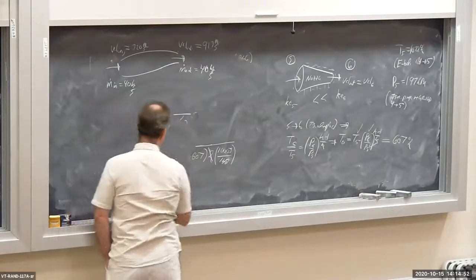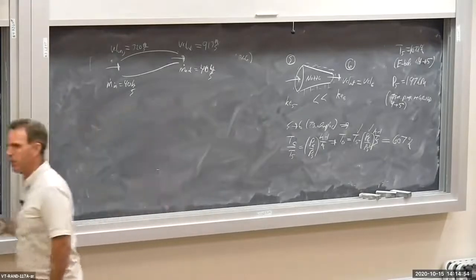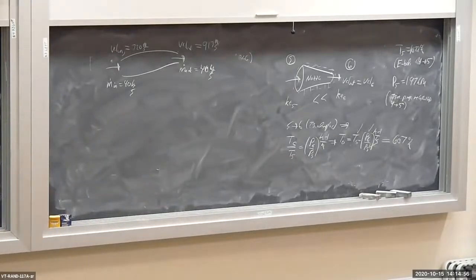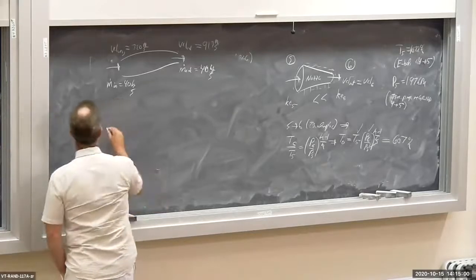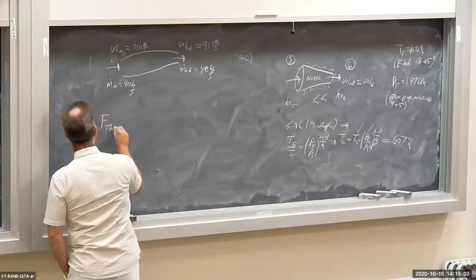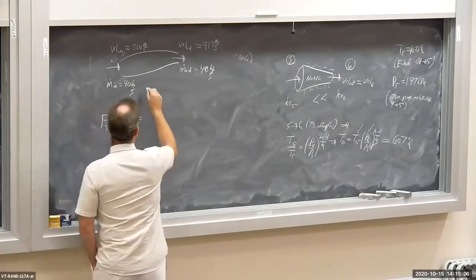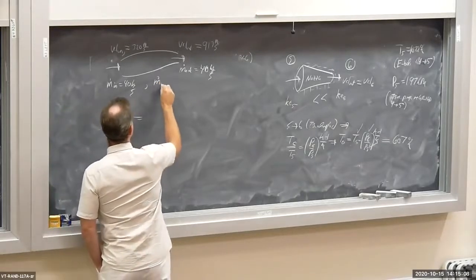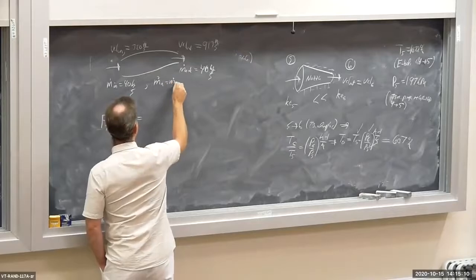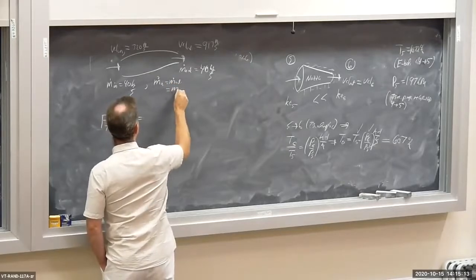Let's calculate the thrust. Ooh, do I have the right screen on? Good. Yes, I do. So F thrust. These M dots are the same, so M dot in equals M dot out, which is just M dot.